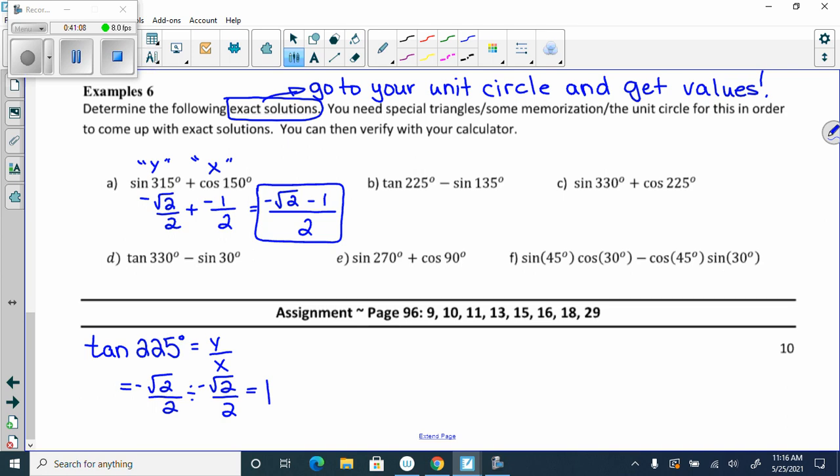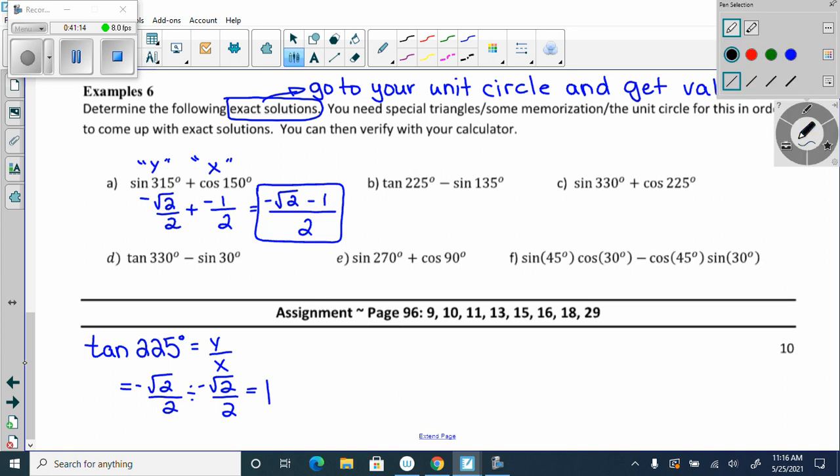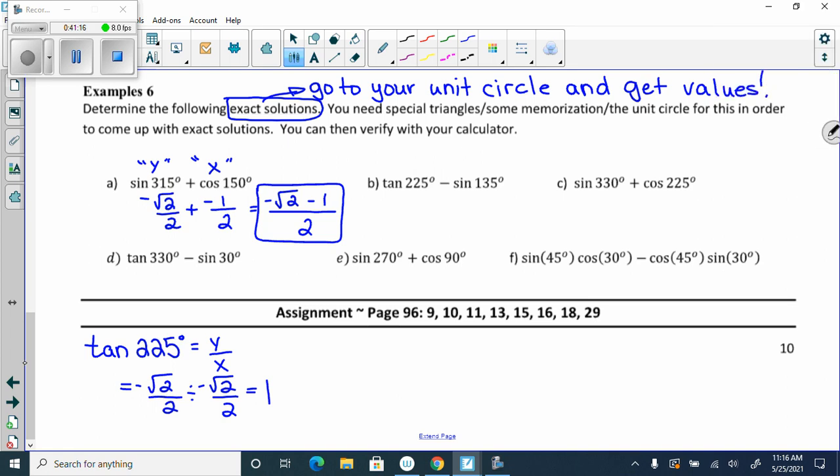So we get 1 minus sine at 135, which is the y at 135. What's the y at 135? Root 2 over 2. Now I need to put these together.